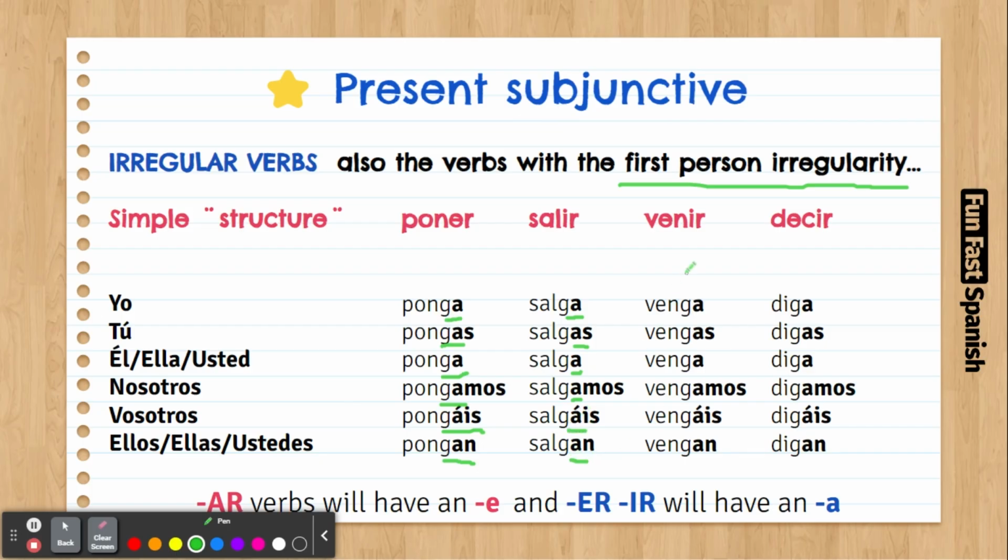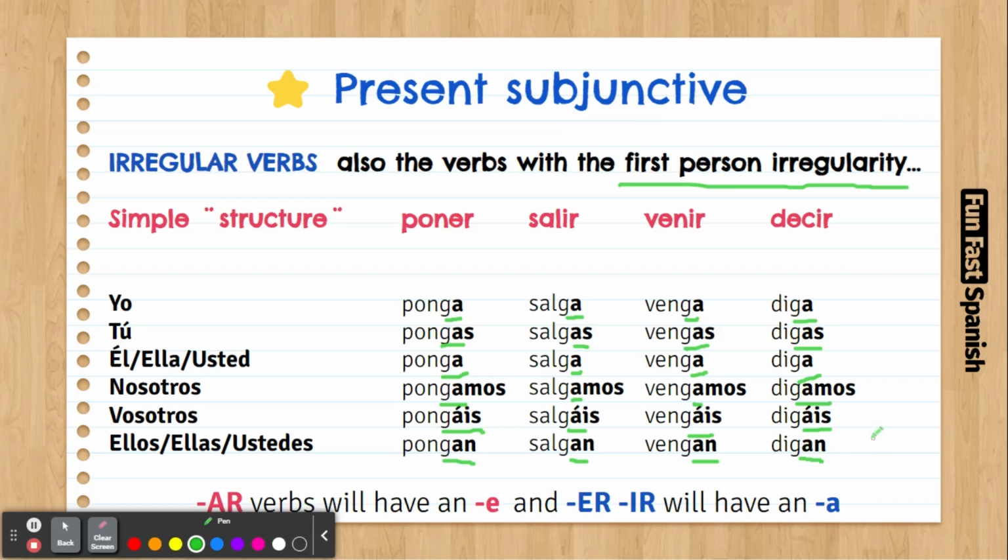Venir, yo vengo, tú vienes, él viene, nosotros. So yo vengo is irregular in the first person. So yo venga, tú vengas, él venga, nosotros vengamos, vosotros vengáis, ellos vengan. Decir, yo digo. Yo diga, tú digas, él diga, nosotros digamos, vosotros digáis, ellos digan.